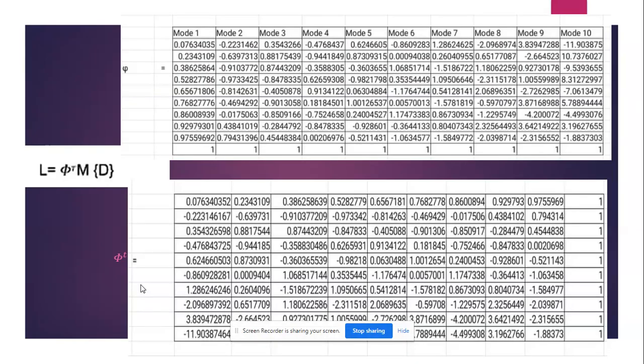In computing L, we have the original value of our phi or mode shape matrix, and we will transpose it using Excel.